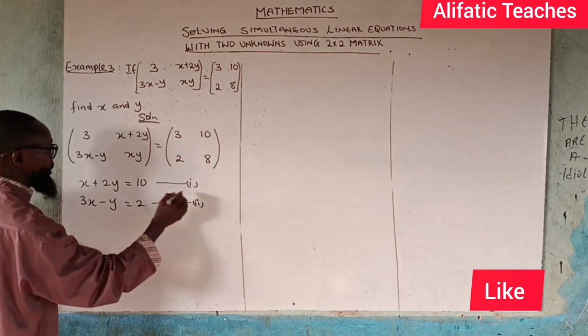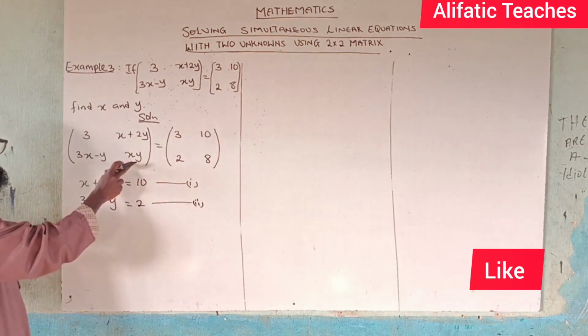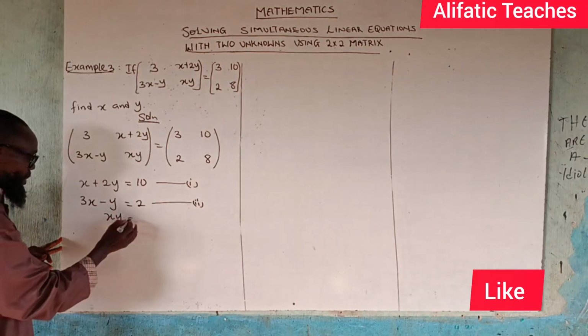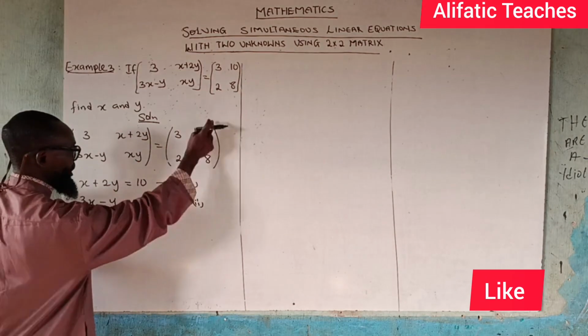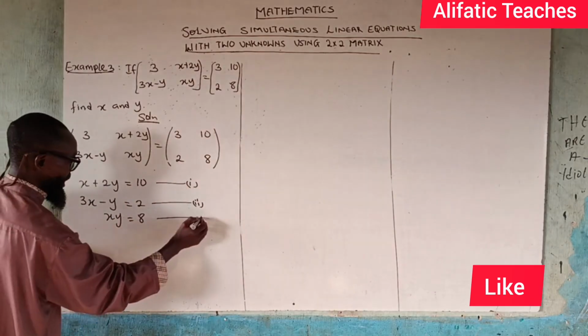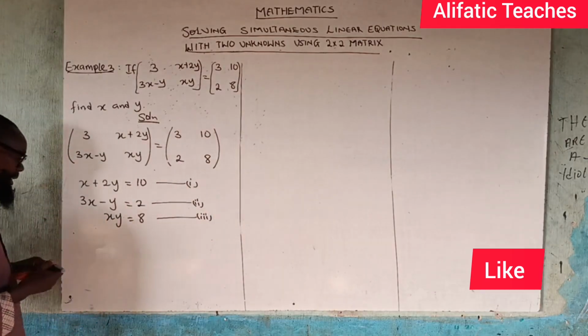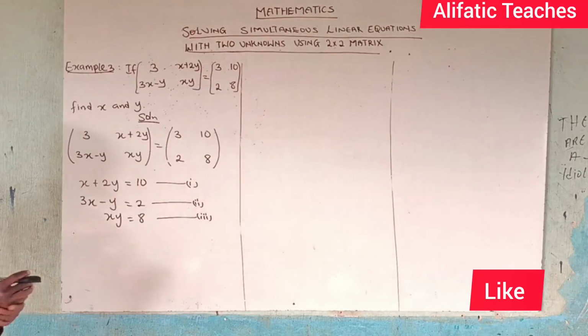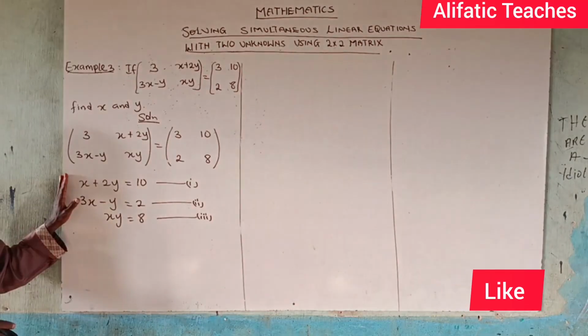Equation 2. Look at this xy as well. This is second row, second column. Xy equals to second row, second column, 8. Equation 3.